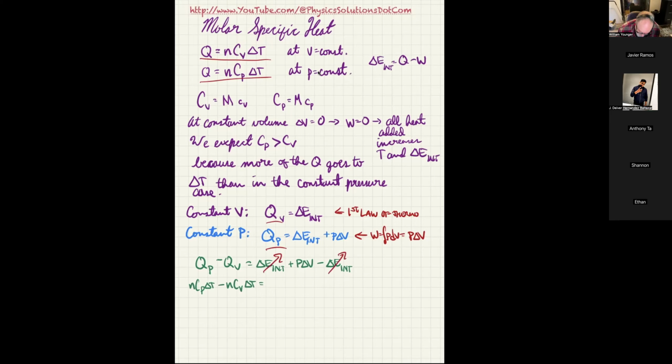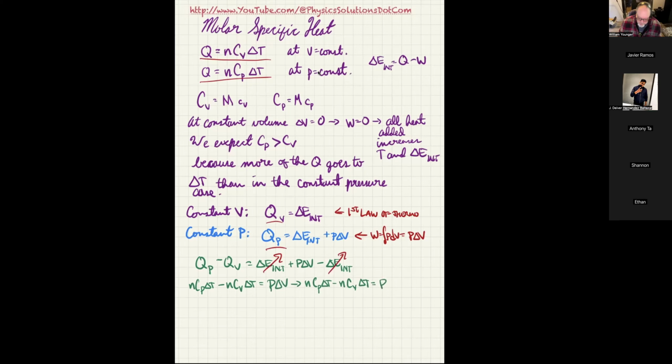We're just using what was left after we subtracted those two, which is P delta V. So I'm going to write down P delta V like that, which can also be changed to N CP delta T minus N CV delta T is equal to P delta V.